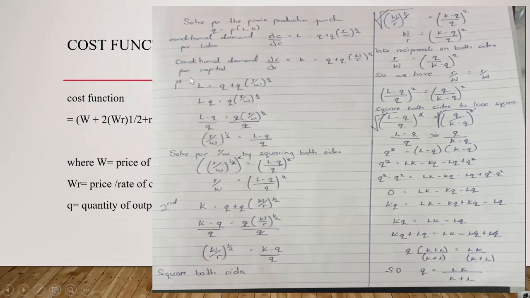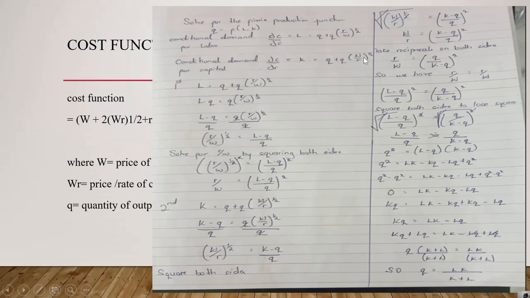So to solve for the prime production function, we are saying the change in demand equals L, which will be Q plus Q into brackets R divided by W. Remember, I've divided these parameters already here, and squared by a half into the bracket there. So the condition of the change in demand is equal to K, which will be Q plus Q W over R. Remember, we are doing an inverse.